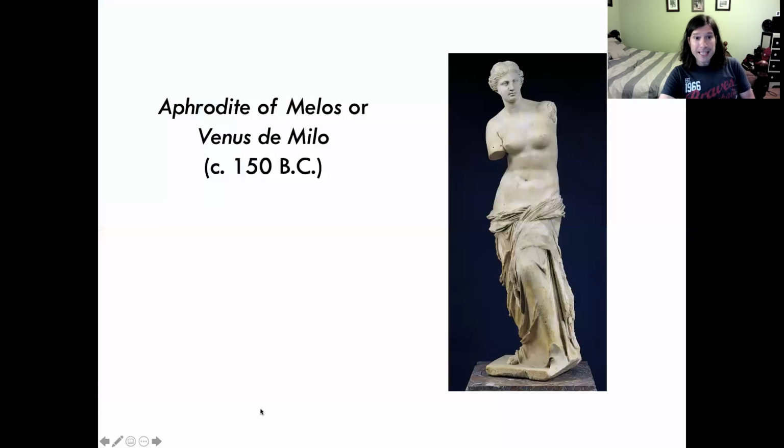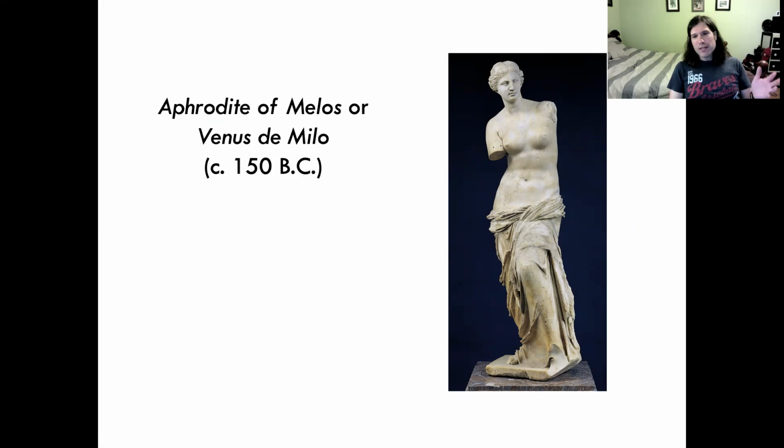We can see this in the Venus de Milo or Aphrodite of Melos, which goes by both names. Now, this is not necessarily capturing a dramatic moment, but it is a kind of dramatic example of something we saw in classical sculpture, which was the contrapposto stance. The contrapposto stance is the stance in which more weight is being put on one leg, and therefore the other leg is more relaxed, and it creates a kind of S curve in the figure.